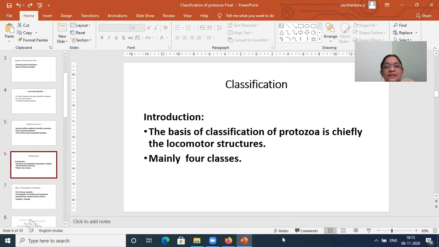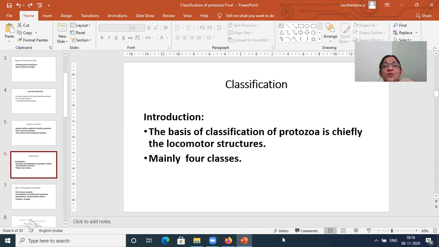The phylum is classified into 4 classes, based on the type of locomotory structures found in the protozoa. As we have seen, there are 3 different types of locomotory structures, which are flagella, cilia, and the pseudopodia.